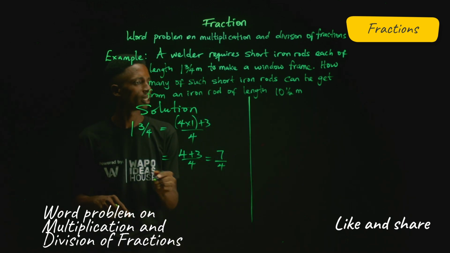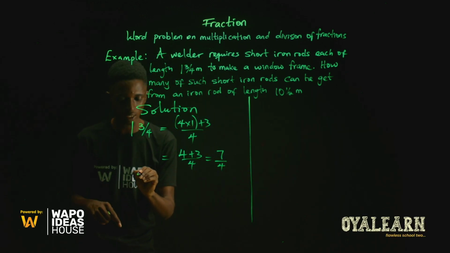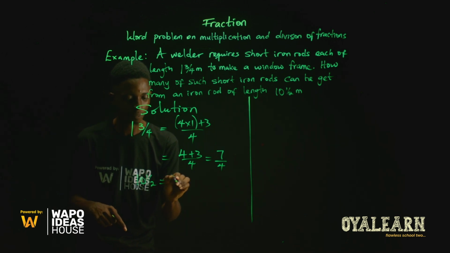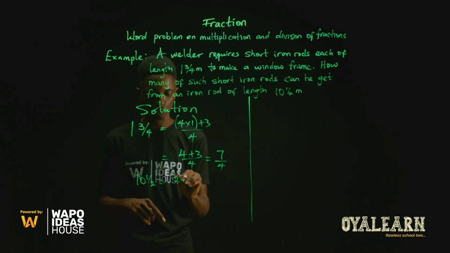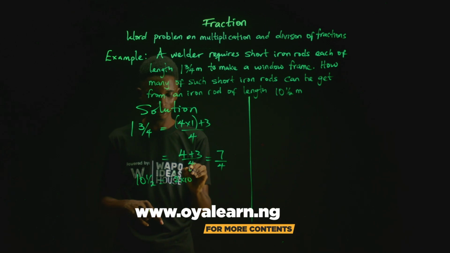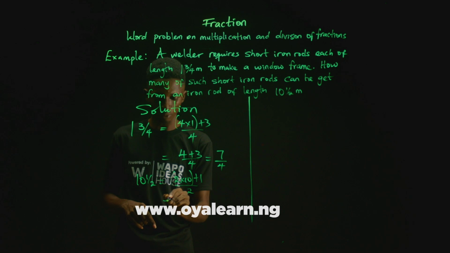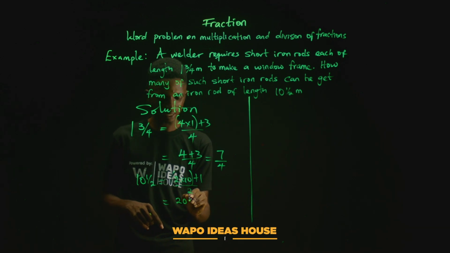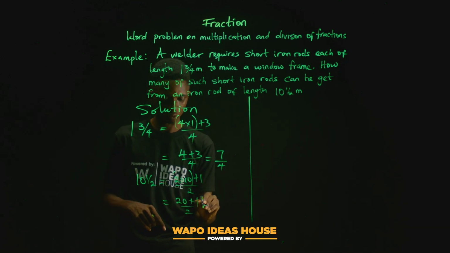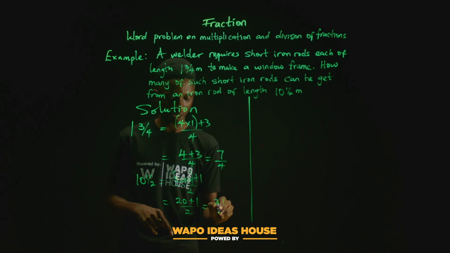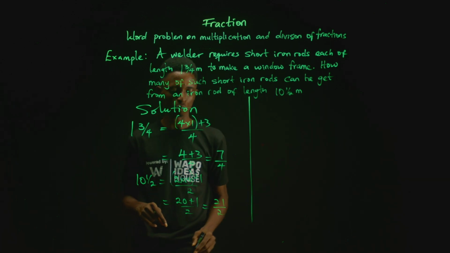And the length he has, which is 10.5, would be written as 2 times 10 plus 1 over 2, which becomes 20 plus 1 over 2, and 20 plus 1 is 21, so we have 21/2.